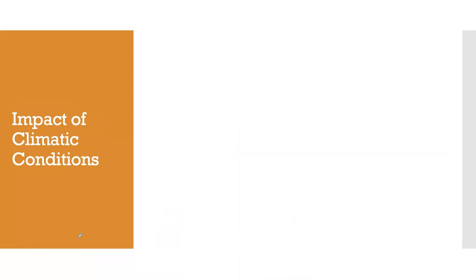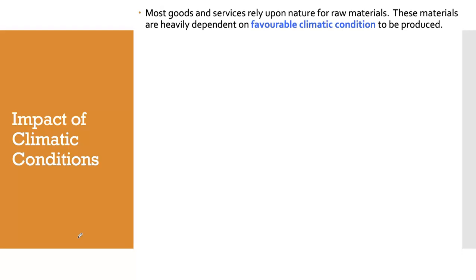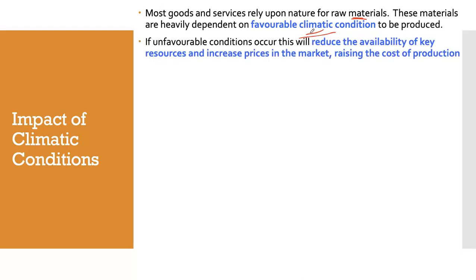Now, the final factor is an important one and becoming more relevant due to global warming and climate change: the impact of climatic conditions. We need to recognise that most goods and services rely upon nature for some type of raw material. There is some input that is a raw material. Now, these materials are often heavily dependent on favourable climatic conditions to be produced.